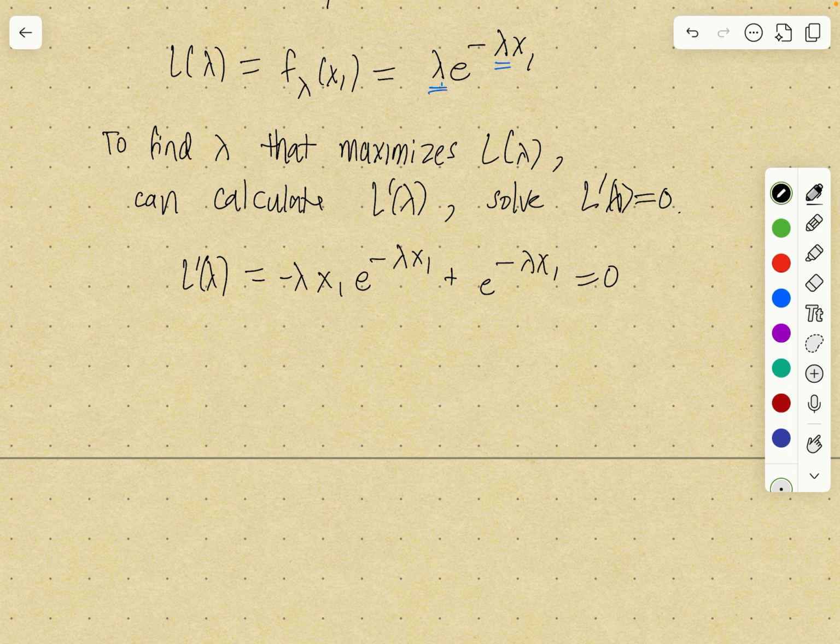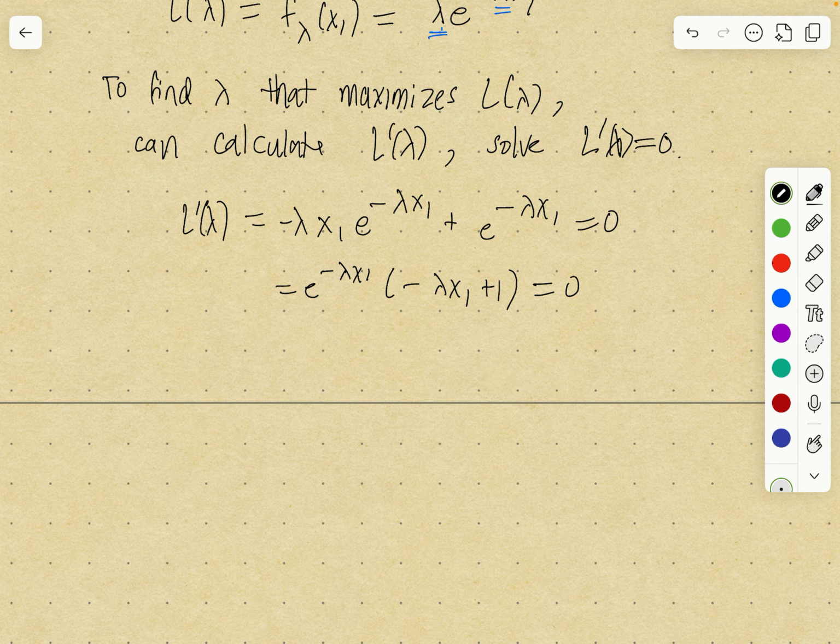Now you factor out the e to the minus lambda x1. So this is equal to e to the minus lambda x1 times negative lambda x1 plus 1, right? This is equal to 0. You can divide both sides by e to the minus lambda x1 because that is never 0. And so you get that negative lambda x1 plus 1 equals 0. And that implies you just add lambda x1 to both sides and then divide by x1, you get lambda equals 1 over x1.